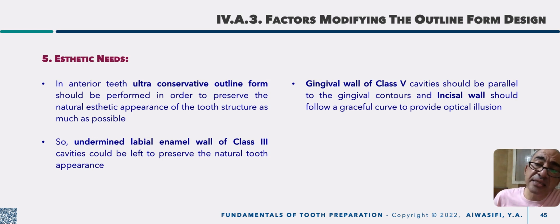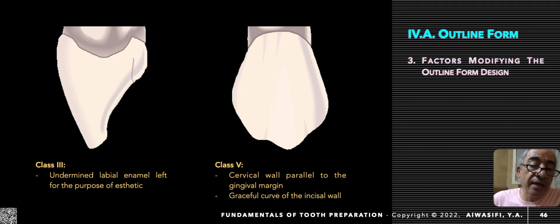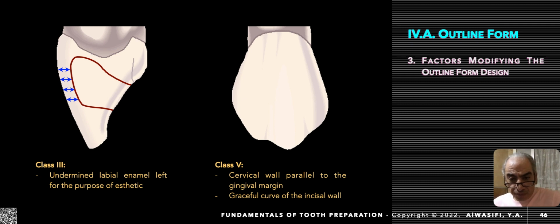But at the labial wall, let us discuss it in detail in this diagram. This is class 3, and this is the labial wall. If it is undermined, leave it as it is for the purpose of aesthetics, because nothing could restore perfectly and accurately the natural aesthetic of tooth structure.